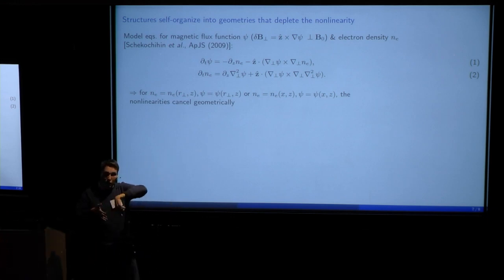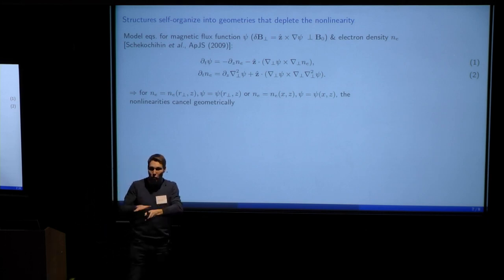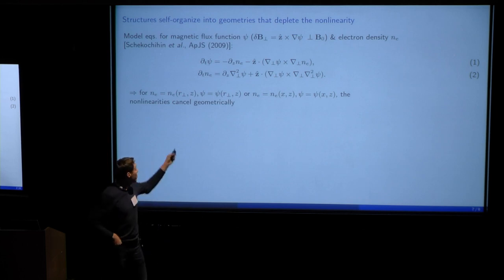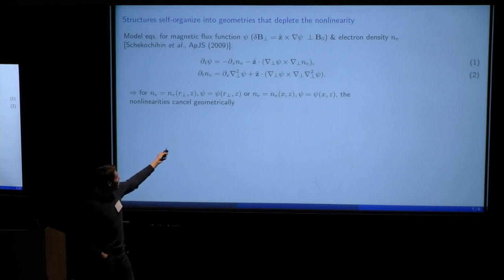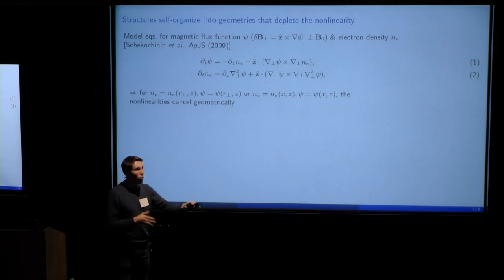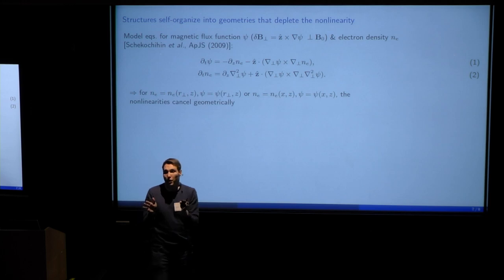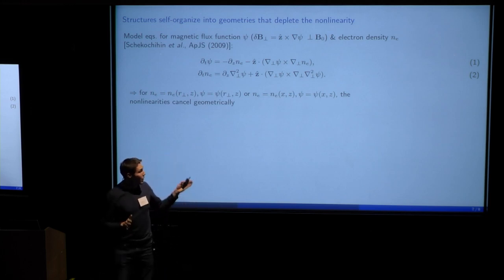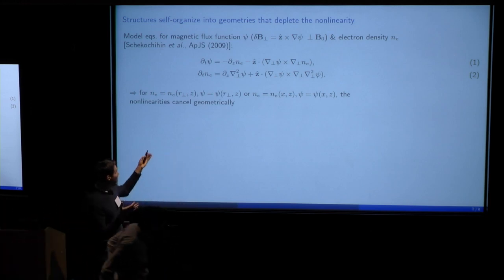Because they depend in the perpendicular direction just on the radial component, all the gradients will be in the radial component, so these terms will cancel geometrically. Another case: if there's just dependence on one of the perpendicular coordinates, let's say x, all the gradients will be aligned and the nonlinearities will cancel geometrically. So then you're left with a wave system.